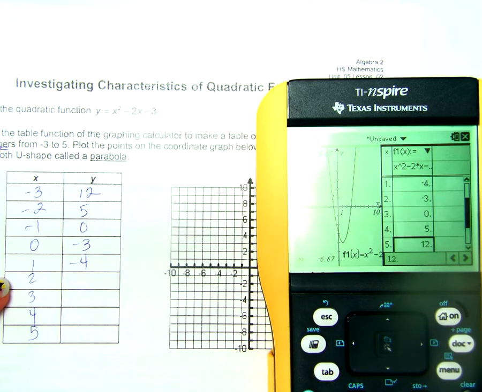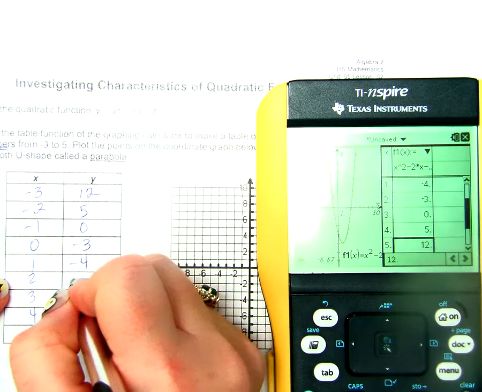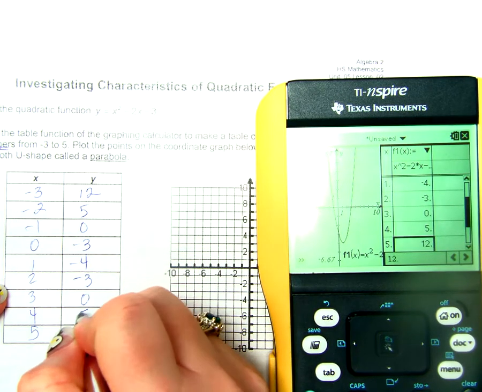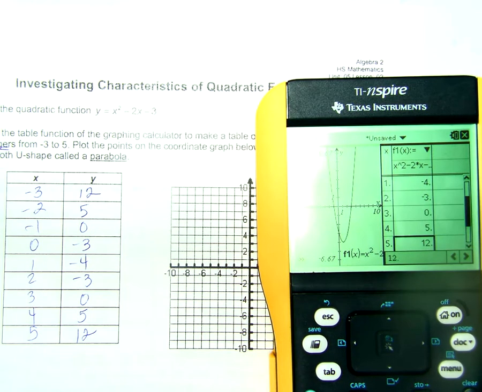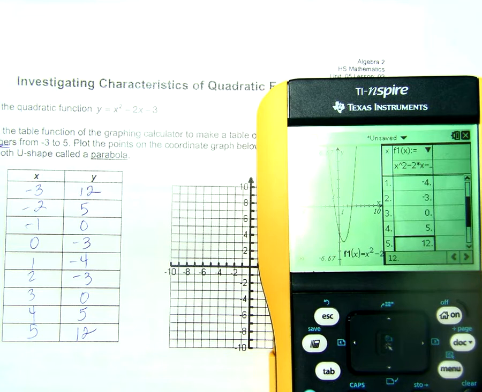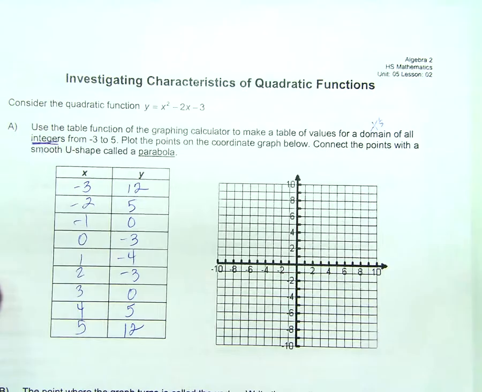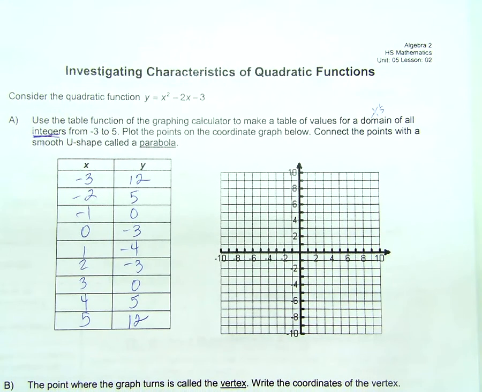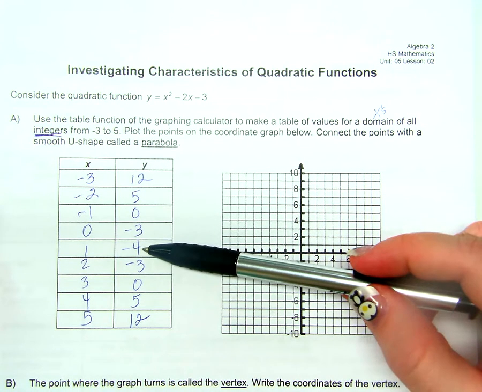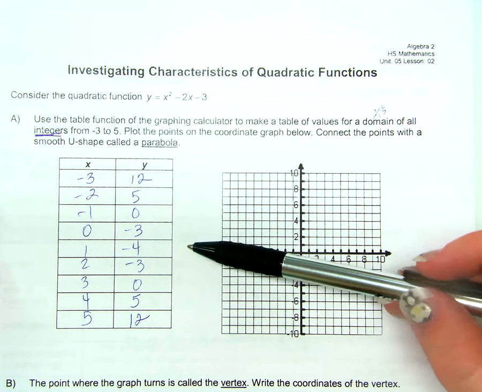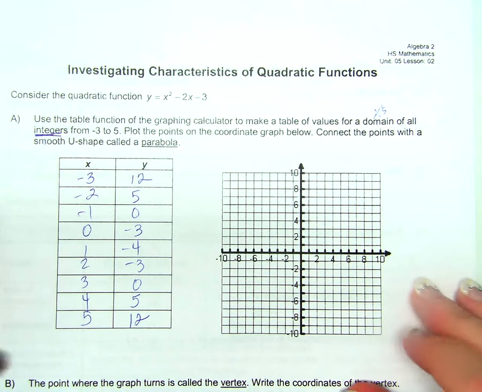And then -3, 0, 5, 12. So first of all, do you notice anything about the table? Maybe the y values of the table. It repeats itself, right? It's a mirror image at some point. Okay? You think that might be important? Yeah, me too. Okay, we'll get there.